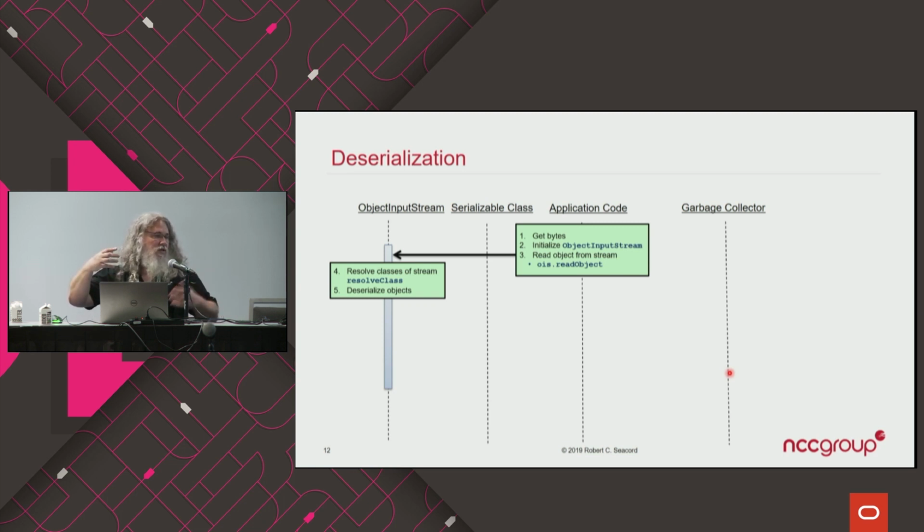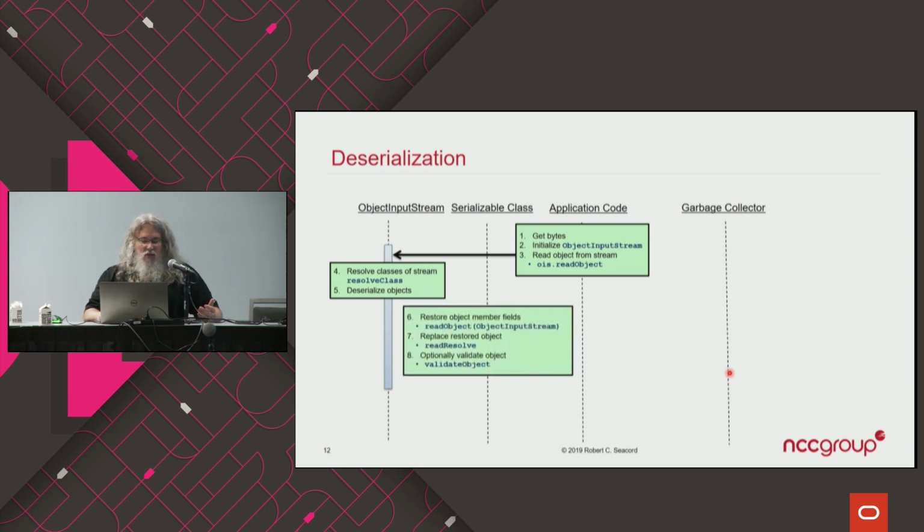And of course, again, any single object is probably a graph of objects because it's very unusual to just have an object with no objects inside. If the callbacks are defined, the read object callback will be invoked to restore object member fields. The read resolve method will then be called to replace the restored object, and then again, a validate object will optionally be called to validate the graph.